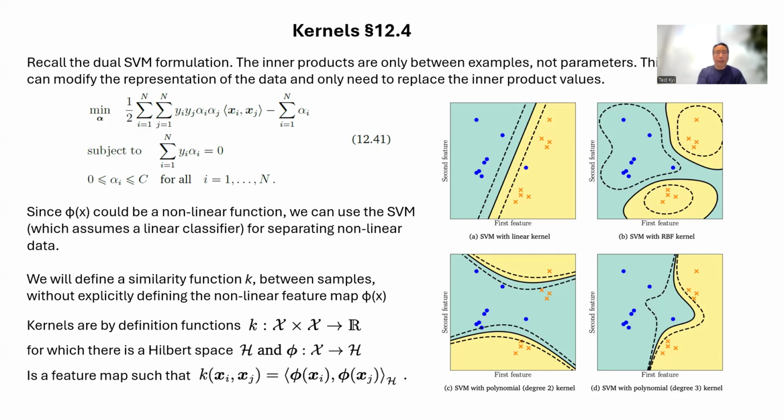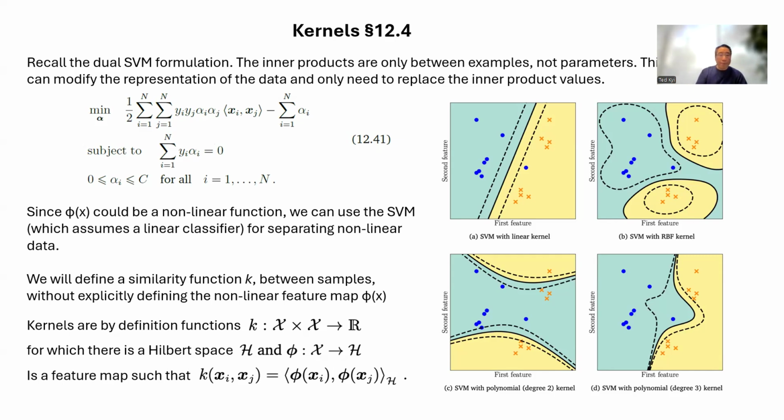Then when you have this similarity or distance between 2 points, you would want to apportion big alphas to points that are really close together. And you want to apportion as little as possible to points that are far apart.